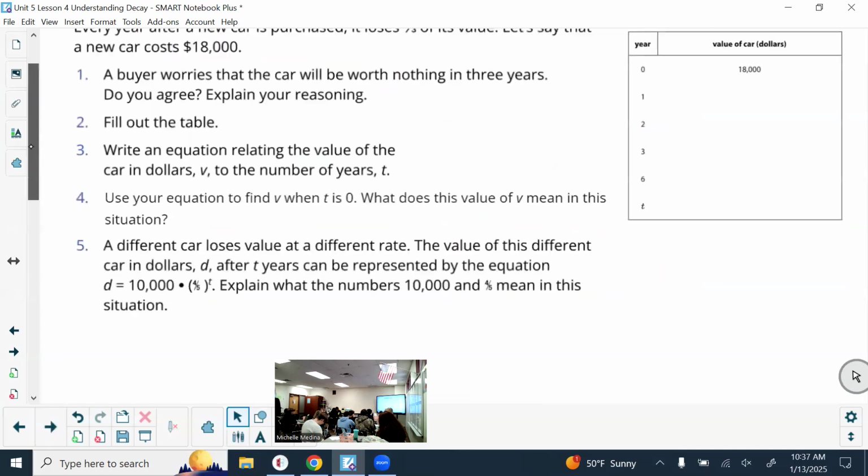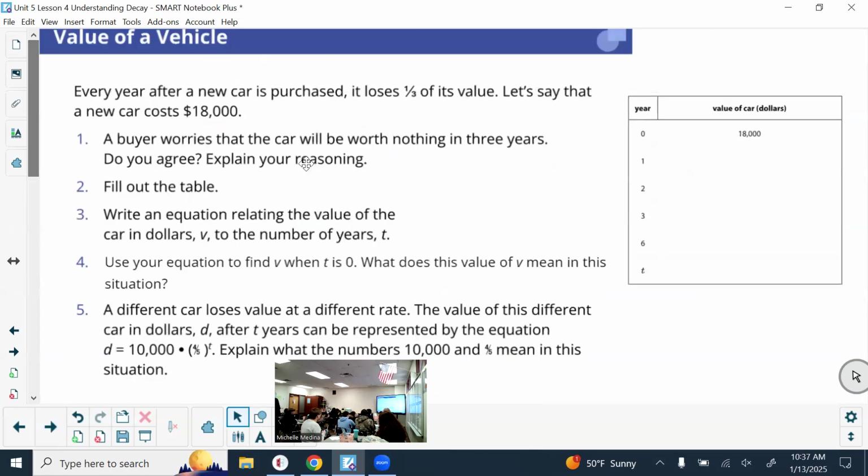All right, but take this other situation that's on here. We have every year after a new car is purchased, it loses 1/3 of its value. Let's say that a new car costs $18,000. So if it's losing 1/3 of its value, how much of its value is it keeping? 2/3.